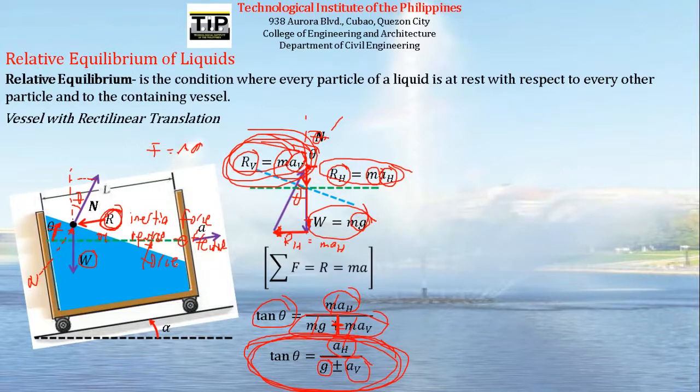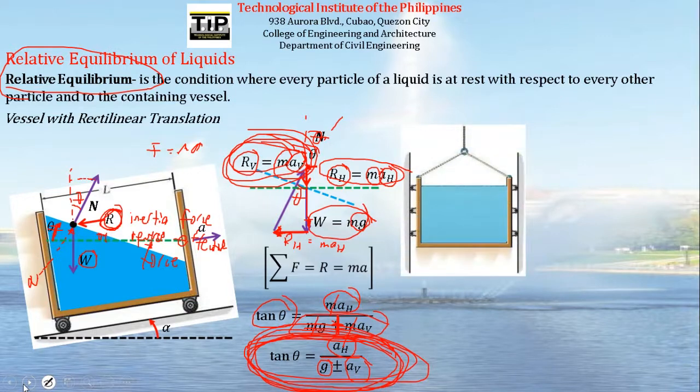Okay, if we encounter this problem, inclined relative equilibrium, inclined vessel, we can use this formula directly to solve for the unknown. Okay. So that's the first case. That's the first case. A vessel that is inclined, that's in motion.